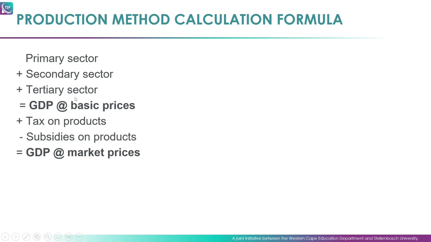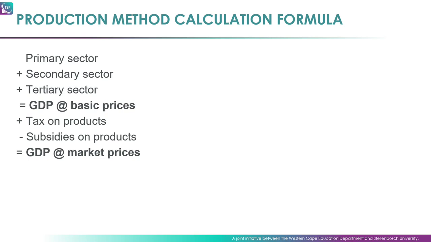Your basic price represents your cost of production, what it costs you to produce that particular good or service. Then you take your cost price and add your taxes minus your subsidies, which gives you the market price, which is the price that the consumer is going to pay.